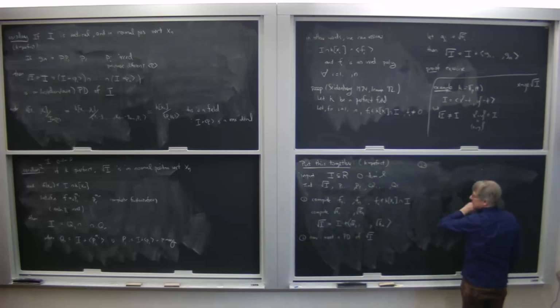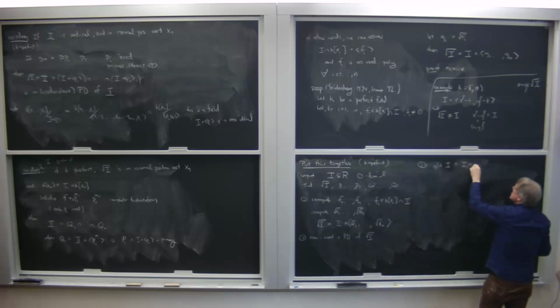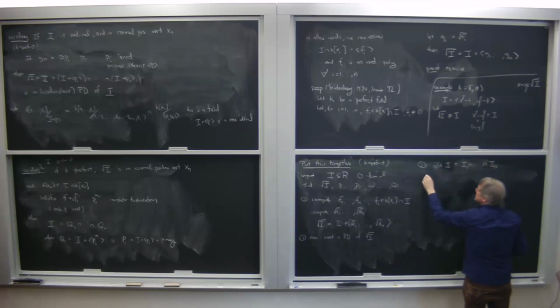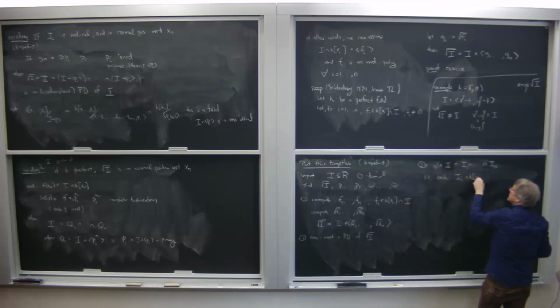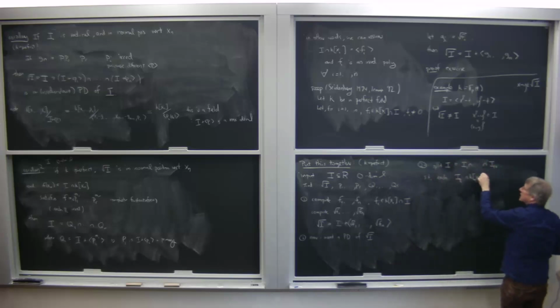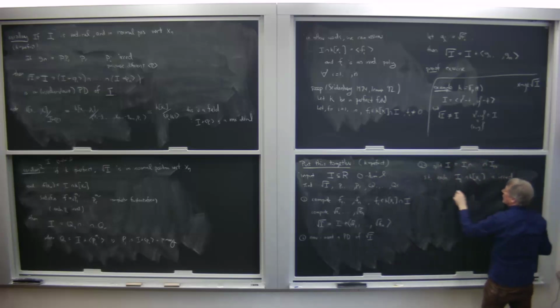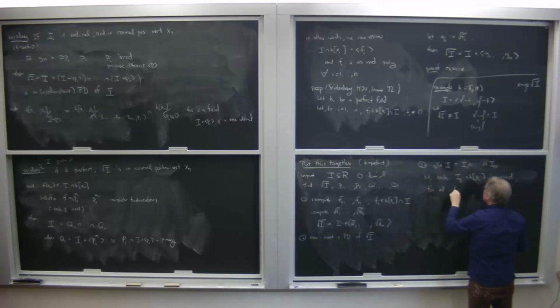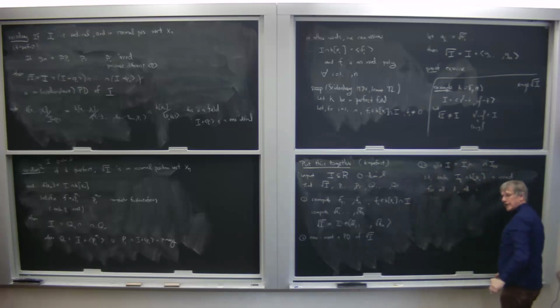So what I would do is split I into a bunch of ideals, I is the intersection of I1 to IN, such that each I sub L intersect K of Xi is irreducible for all L and all i.